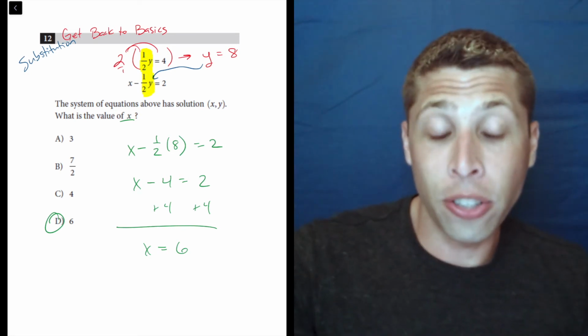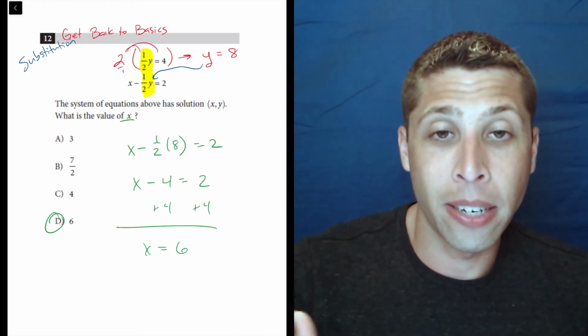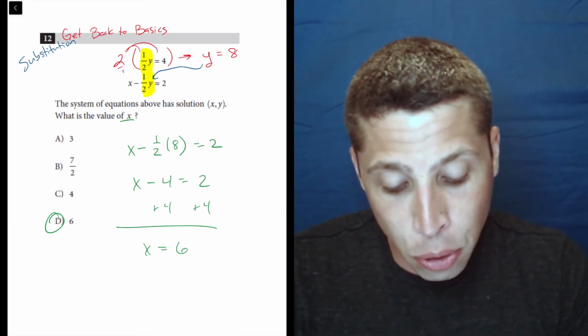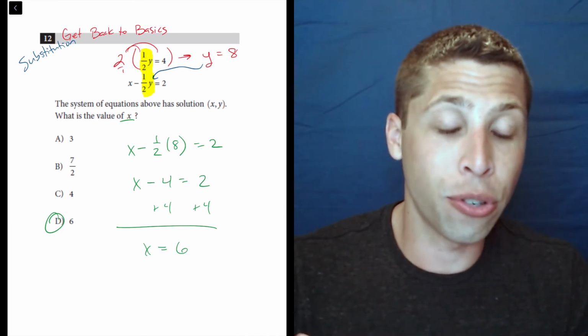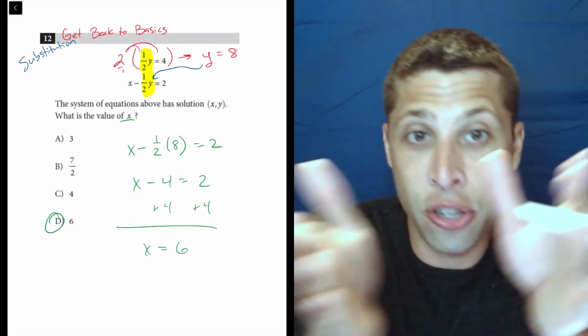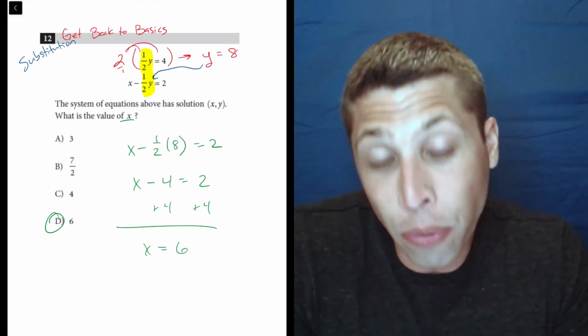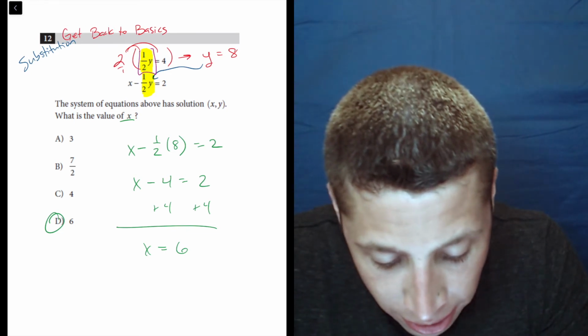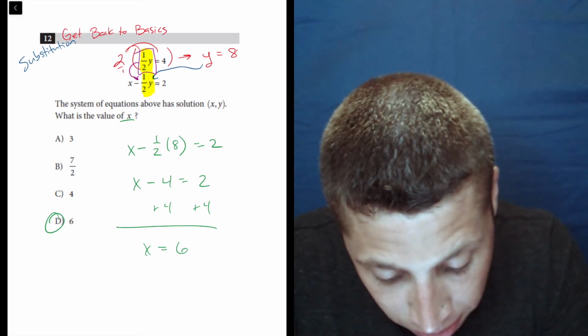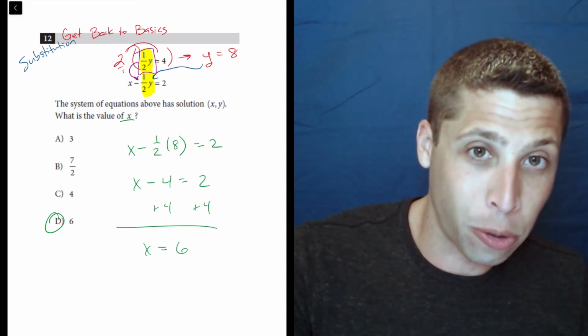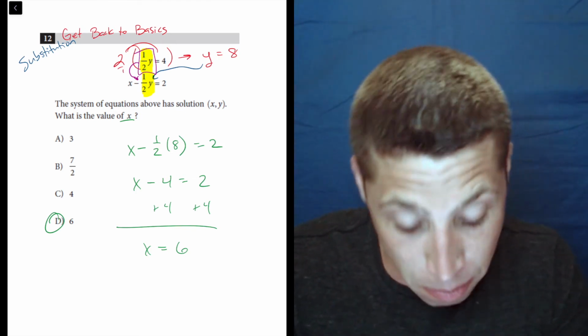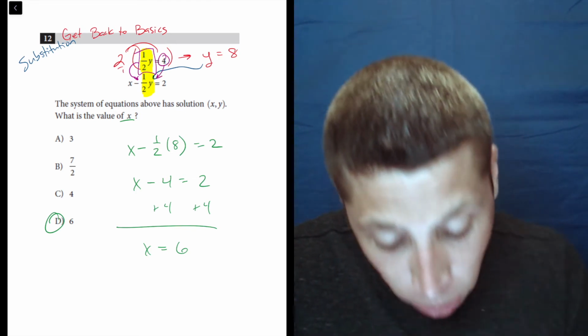So what I did at first is I simplified that and made y into a number, but the way substitution works is you can also substitute exact units into other places. So if you really wanted to, you could take this 1/2 y and substitute for the 1/2 y in the other equation, which means instead of taking 8 like we did before, now we take 4.